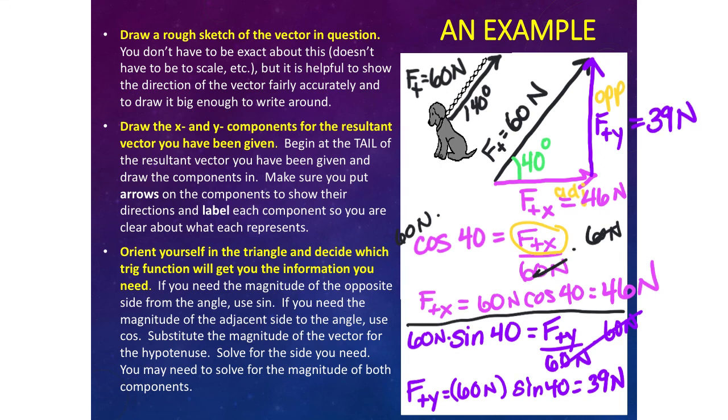And that's it. All you do is write the actual trig equation and then solve for the side that you want. Sometimes you'll have the components and you'll need to solve for the hypotenuse. Sometimes you'll have everything and you'll need to solve for the angle. We will come back and talk about how to do that later.